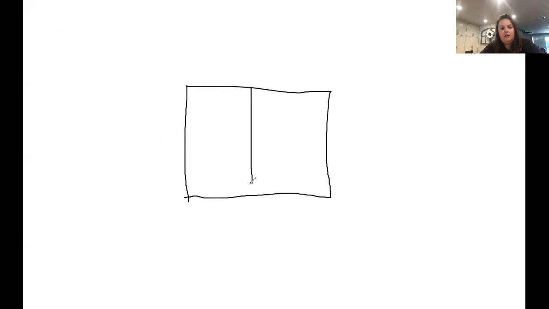We have our table, and we said the first parent is heterozygous, so capital and a lowercase. And the other parent is homozygous, lowercase, lowercase. So bring your capital down, capital, capital. Bring it down to this box also, capital, capital.